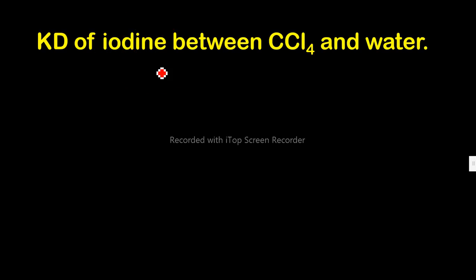You can't use sodium hydroxide again. For ammonia, we used HCl. You can't use sodium hydroxide on ammonia solution. So the issue is, which standard solution are you going to use to determine the concentration of the solute in the two immiscible solvents? If you know that, then everything really becomes okay.